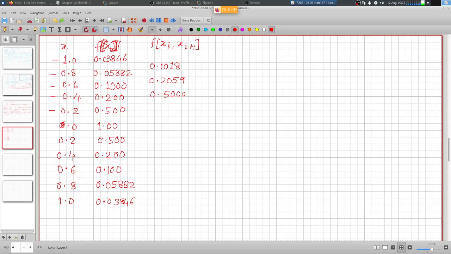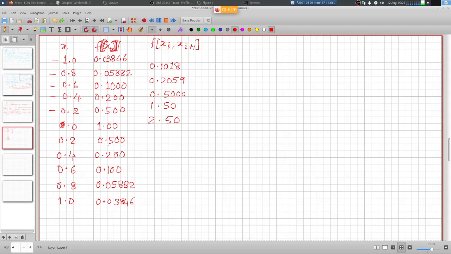And this is going to be 0.3 divided by 0.2, so this is 1.50, and this one is 1 minus 0.5, so that is 0.5, 0.5 divided by 0.2, so that is going to be 2.5.